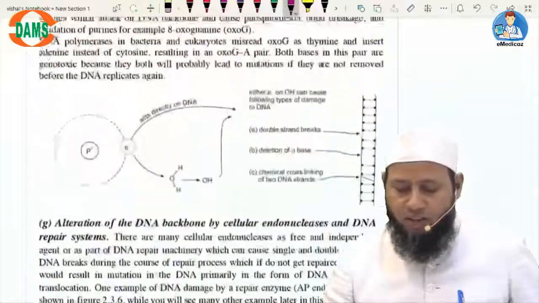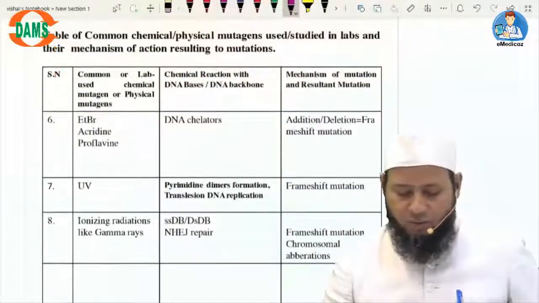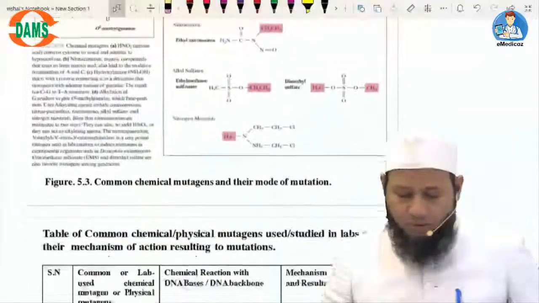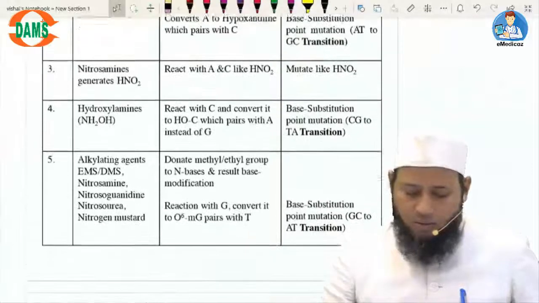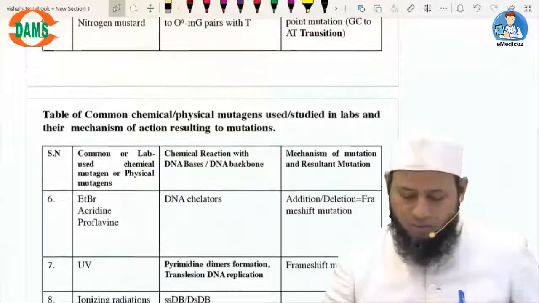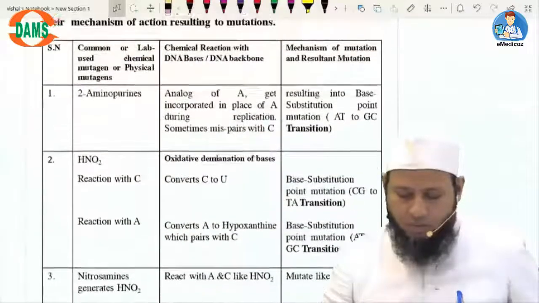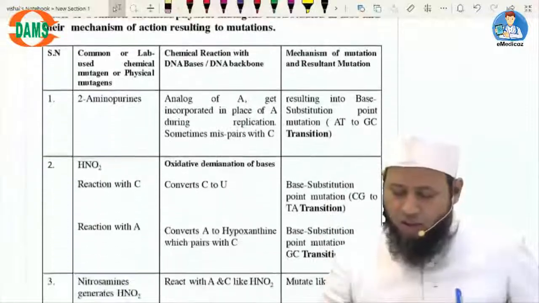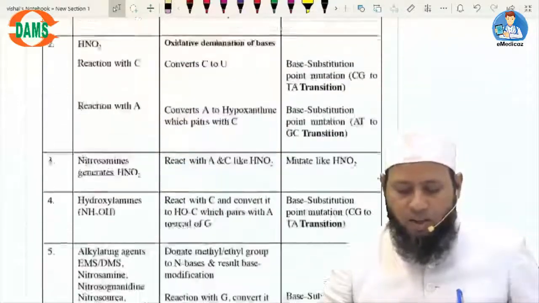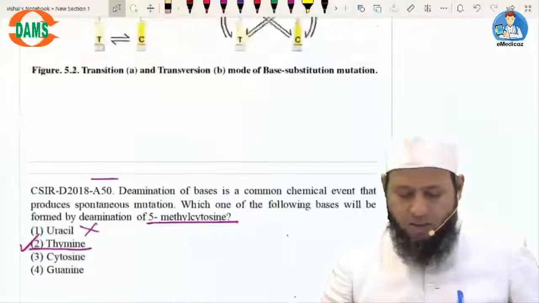And if we go back to the list of the mutagens, I have not included the base analogs there, but I have explained this to you in detail.